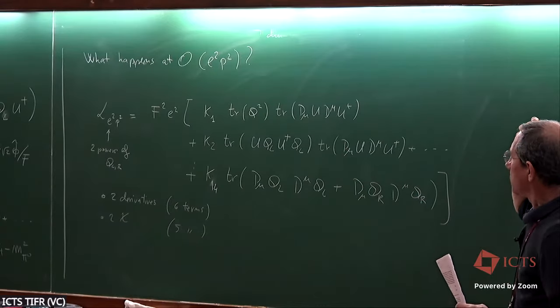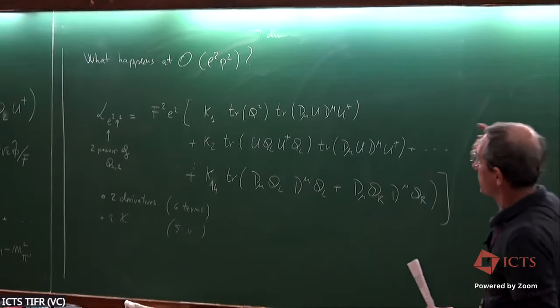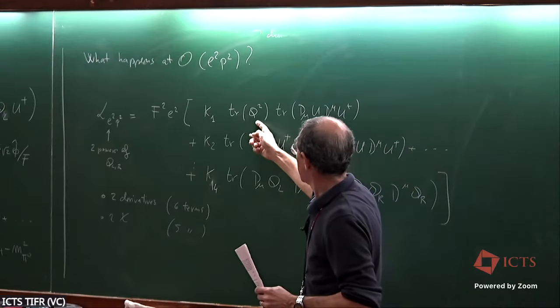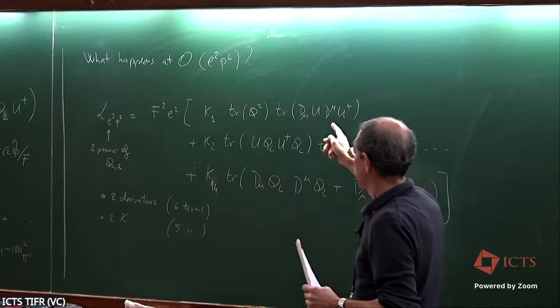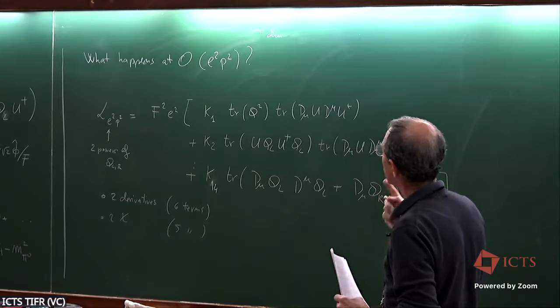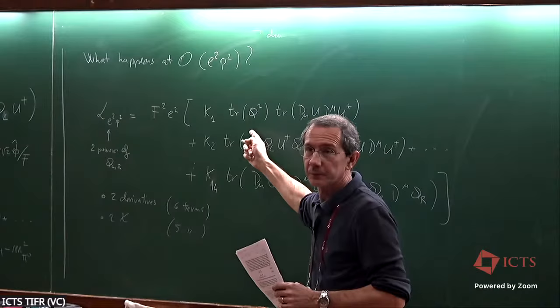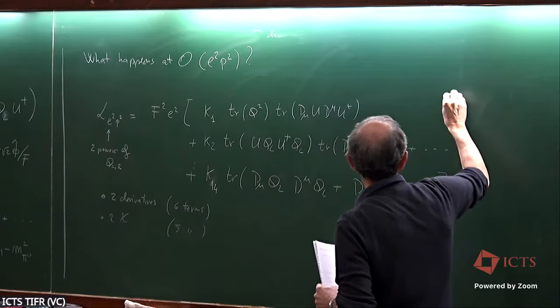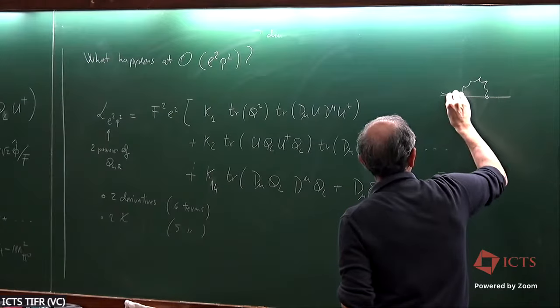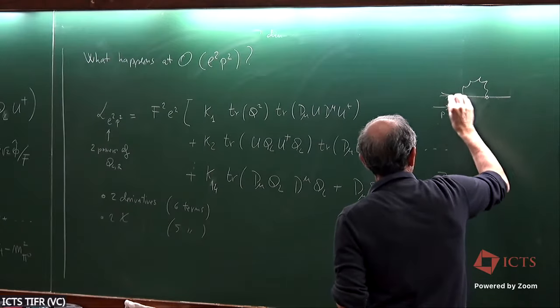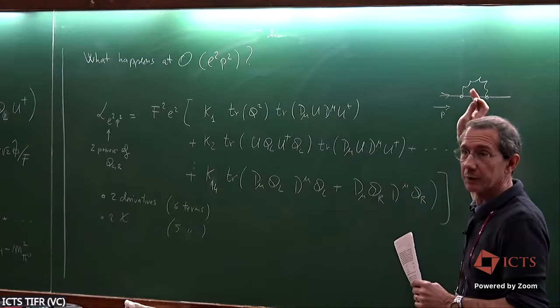One thing worth mentioning is this one. You see, for instance, this term appears here, trace of Q square with this thing here. Again, there are 2 ways to interpret this term. This indeed comes from renormalization of a diagram like this, but now I keep the momentum dependence of the diagram, which previously I was neglecting.